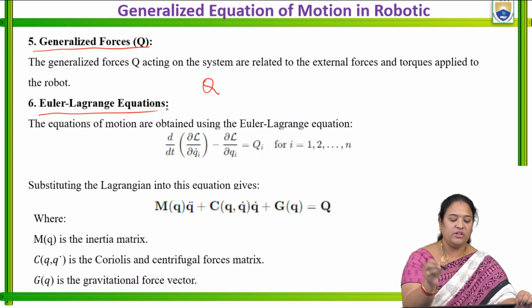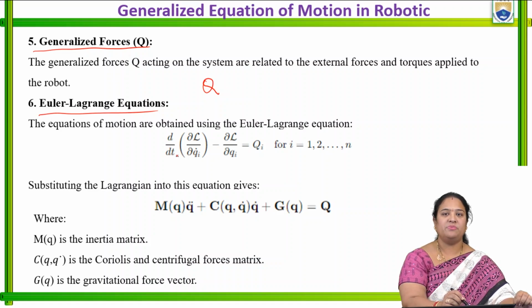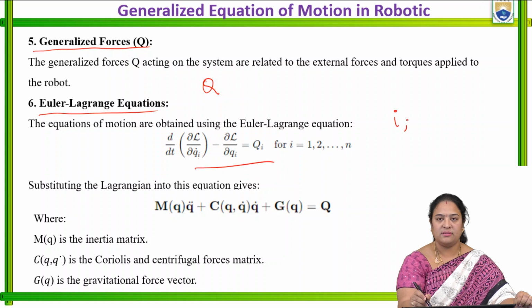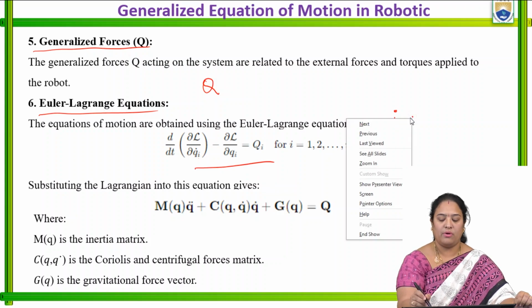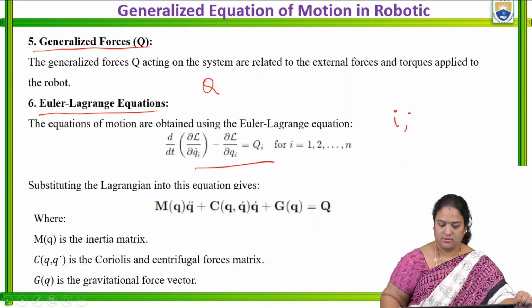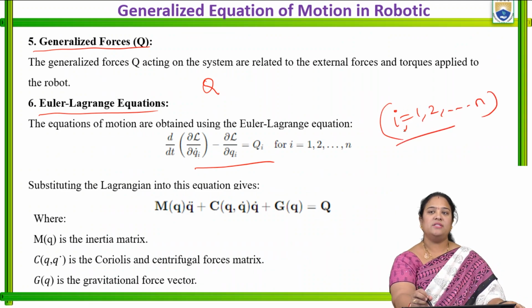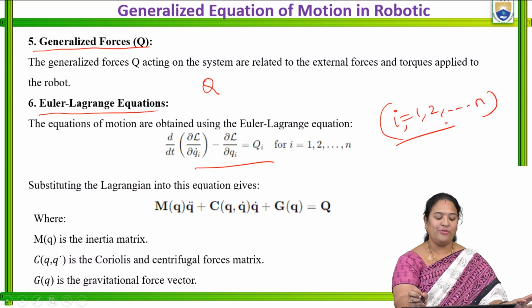Now we write the Euler-Lagrange equation, which is d by dt of dou L by dou q i dot minus dou L by dou q i is equal to Qi, where i can be taken as 1, 2, and so on up to n.